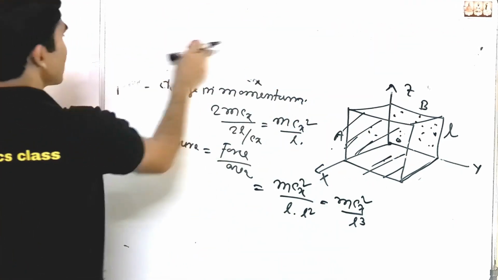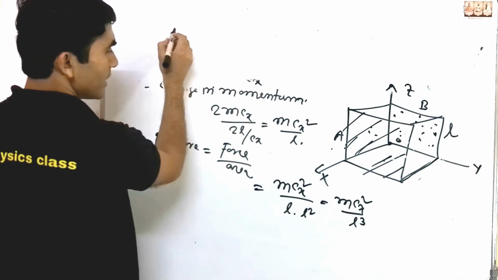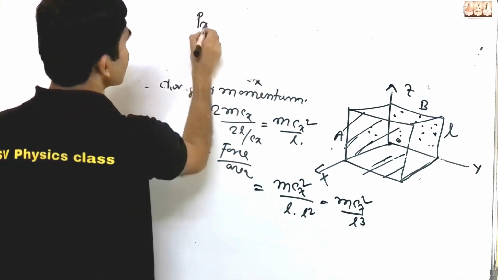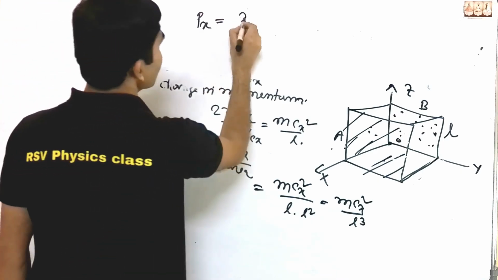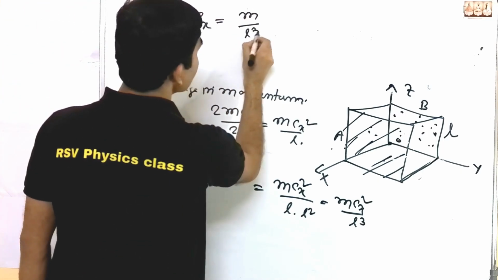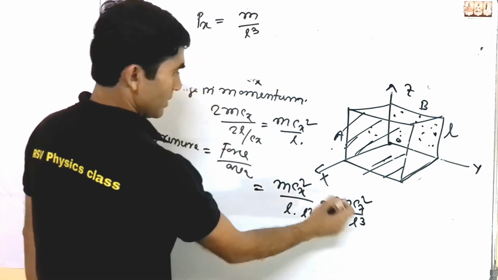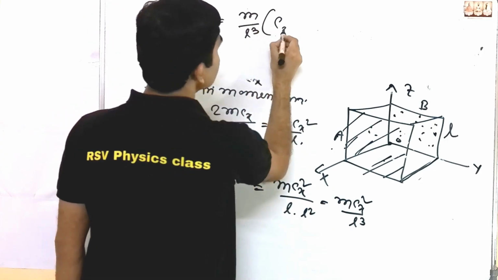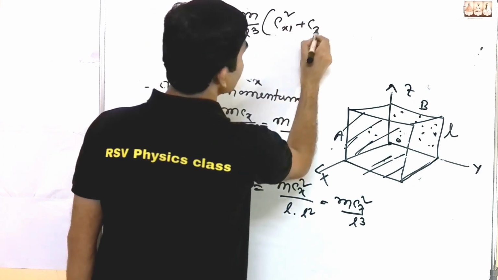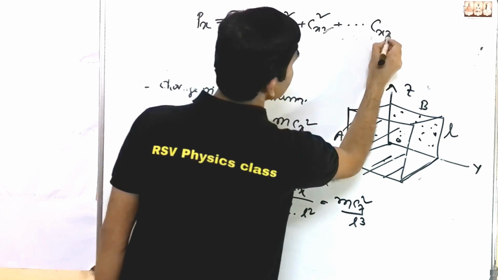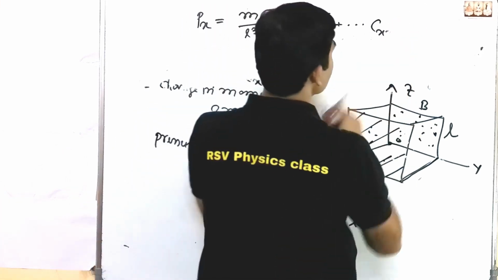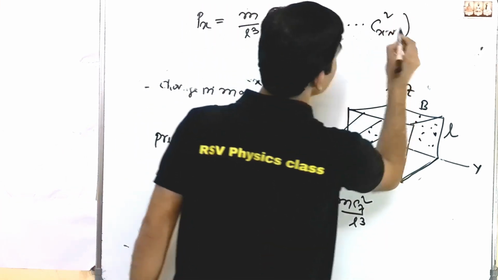And the gas contains n molecules. So Px for all molecules is m by L cube into cx1 square plus cx2 square plus up to cxn square, where n is the number of molecules.